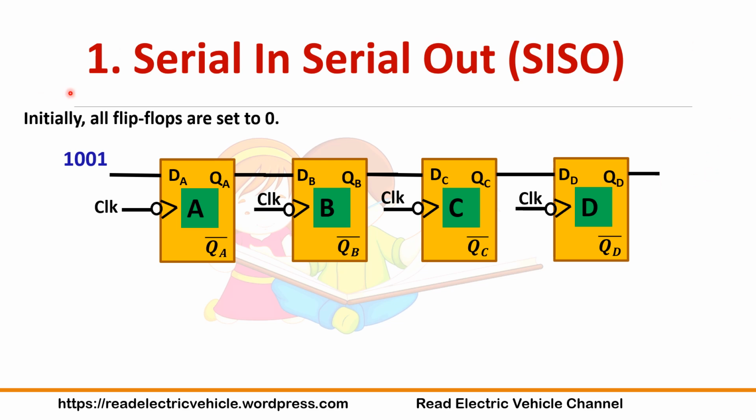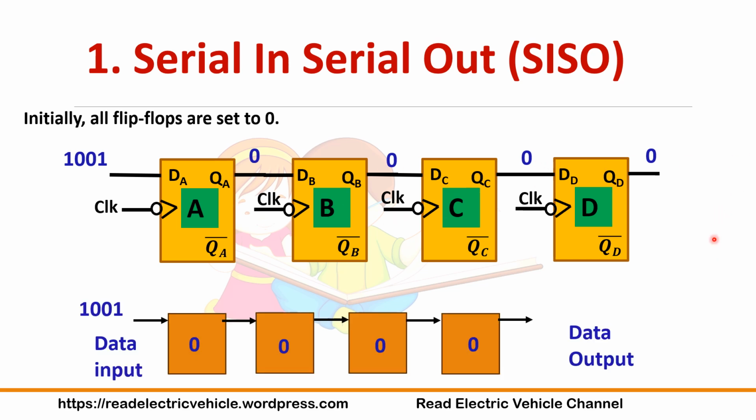Initially, all the flip-flops are set to 0. So the outputs of all the flip-flops are 0, 0, 0, 0. Before starting, all the flip-flops are reset to 0. To make it convenient, let us represent the flip-flops by small boxes.